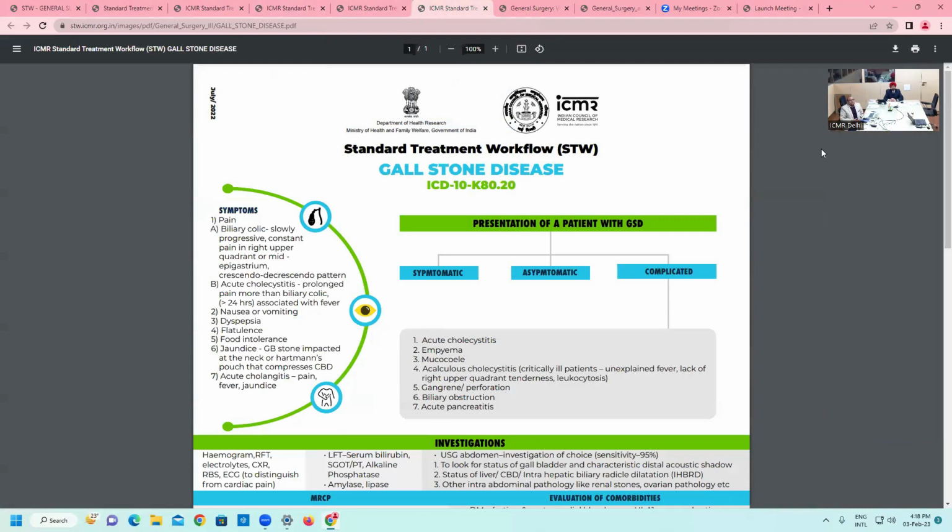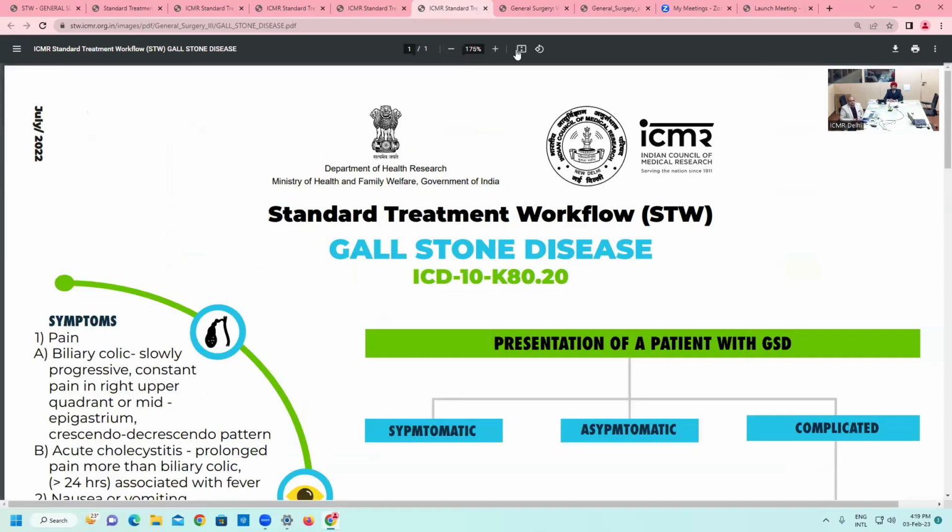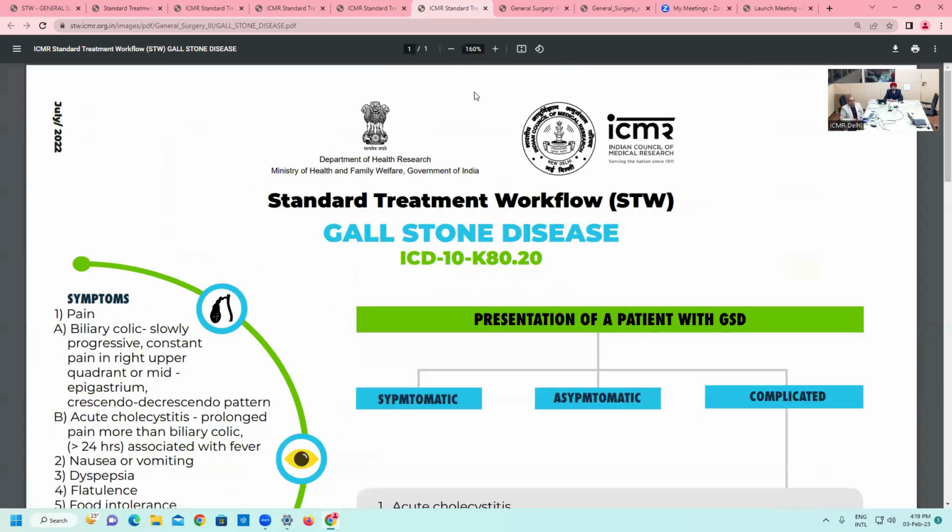So gallstones per se may give rise to different symptoms. As you can see there on the left-hand side of the screen, the common symptoms the patient may have, and the most common one is the pain. And at this stage, we really need to find out whether it's a biliary colic or a cholecystitis. So biliary colic is when the gallstone gets stuck and the gallbladder is trying to push it out.